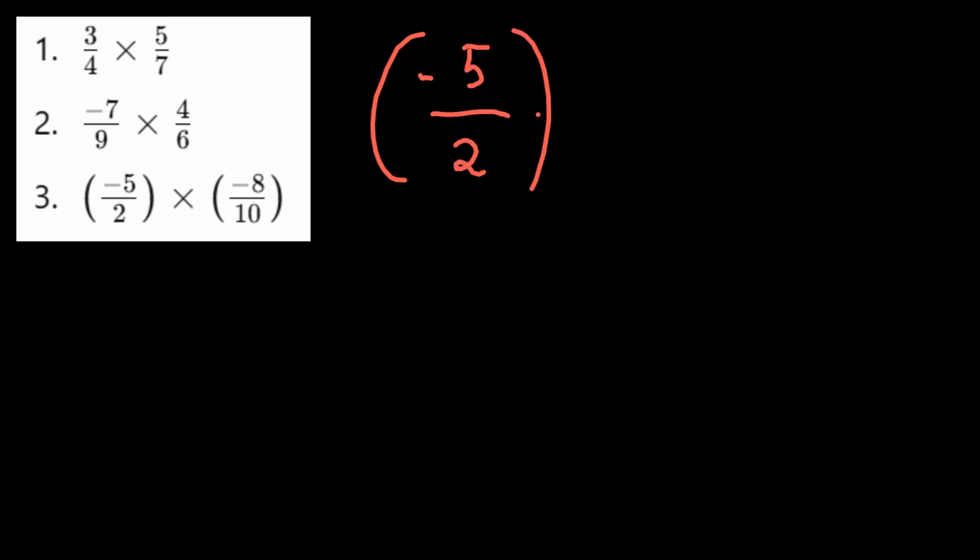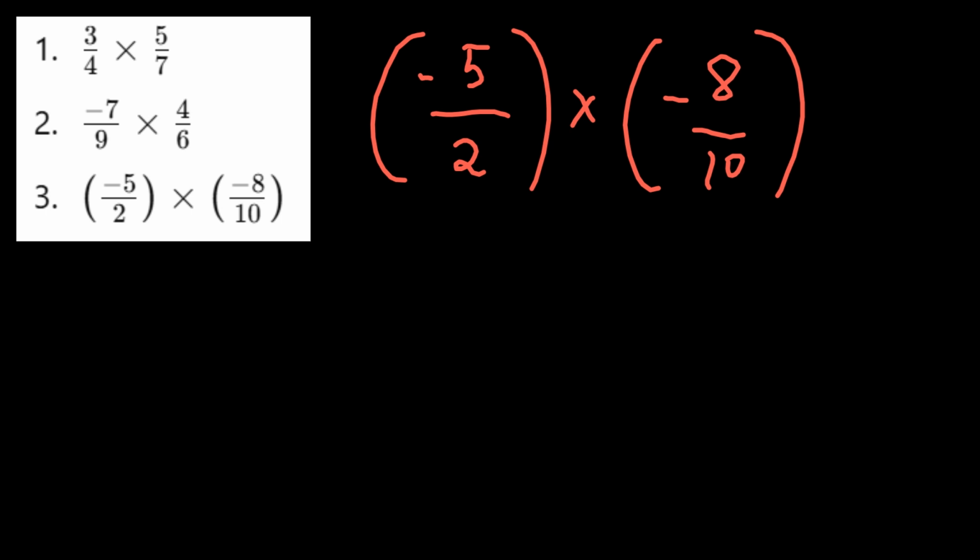For number three, we have negative 5 halves times negative 8 over 10. So we have negative 5 halves times negative 8 tenths.